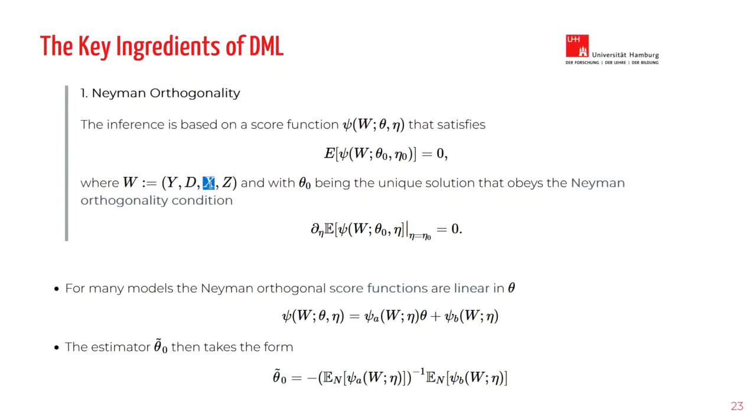Here there was one question on the variable Z in the Neyman orthogonality or in the theoretical framework. And the data W, as I said, in our example we only have the outcome, the treatment variable, and the X variables, which are the confounders or control variables. In some models, you can also have an instrument, and this instrument is called Z here.